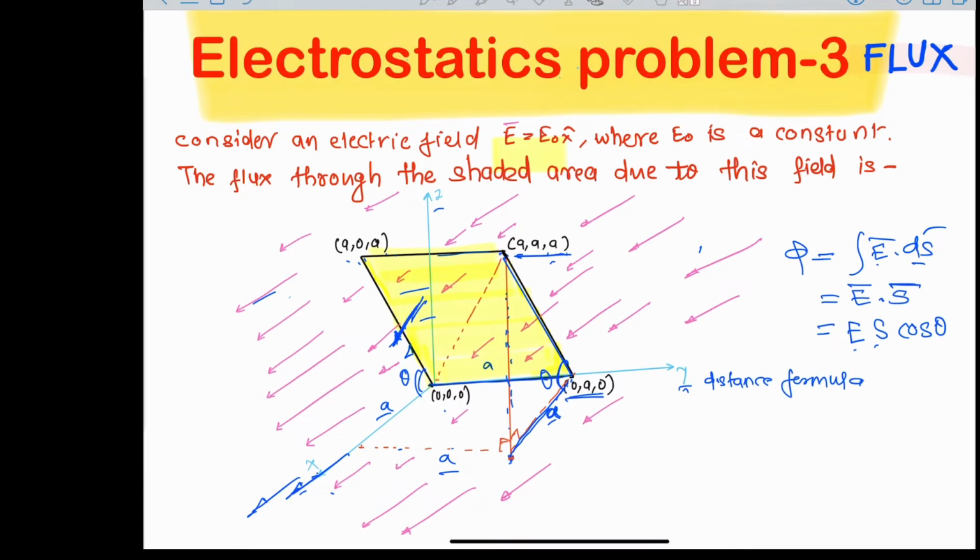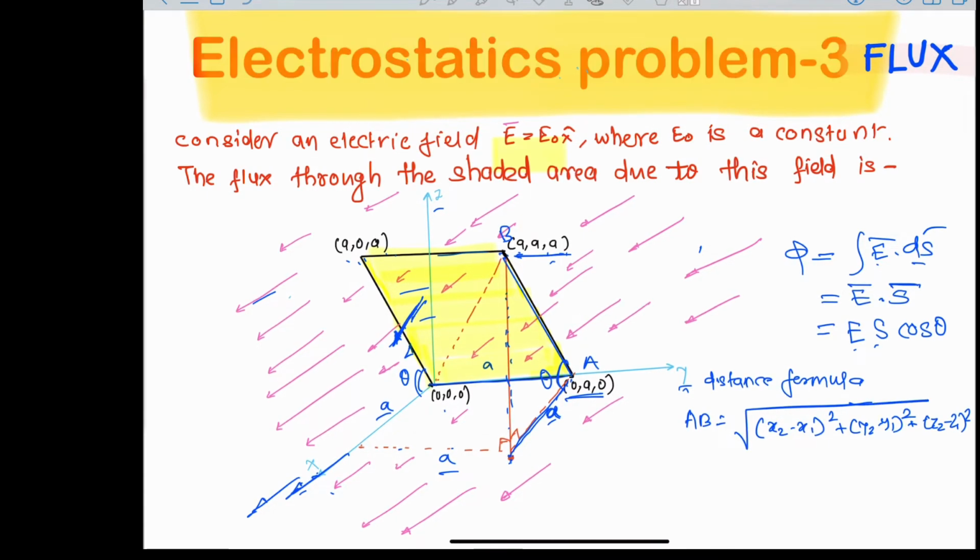Let me label this as A, this as B. So what is the distance AB? The formula is the square root of x2 minus x1 squared plus y2 minus y1 squared plus z2 minus z1 squared.